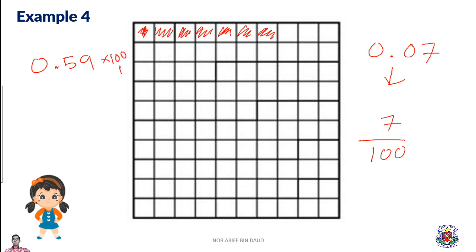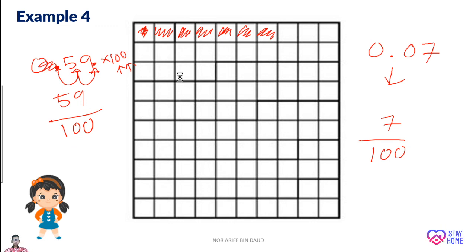So 100 has 2 0s. So move the decimals to the right. How many steps? 1 step, 2 steps. So there will be 59/100. Very well, right?